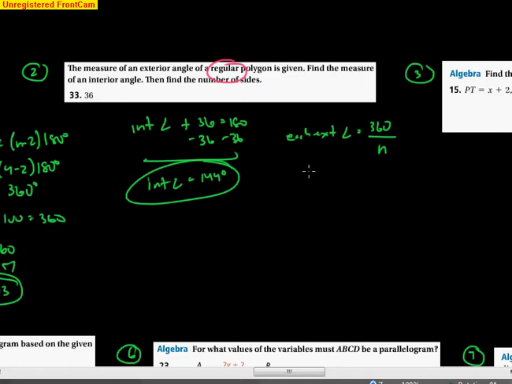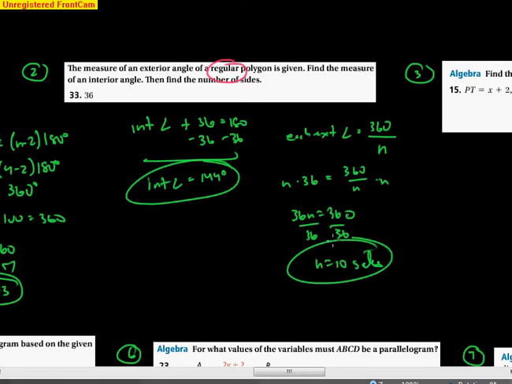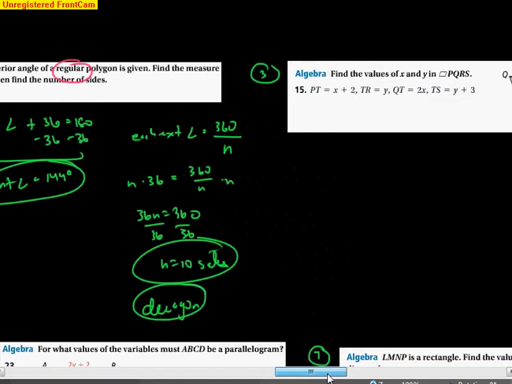So I'm given that the measure of one of them is 36, and I want to find out what n is. Multiply by n. 36n is 360. Divide by 36. N is 10. This thing has 10 sides. It is called a decagon, if you were wondering. So there's another interior exterior angle problem.